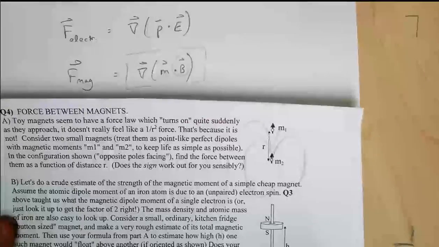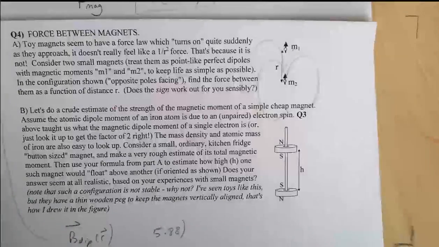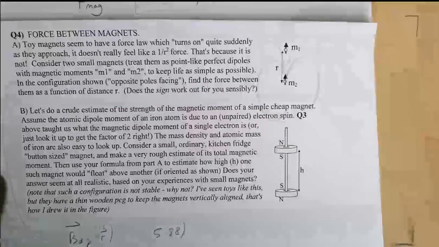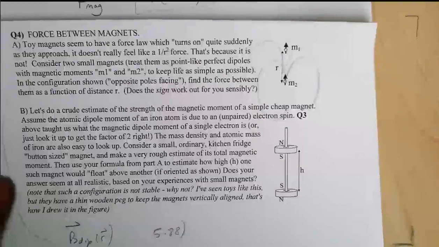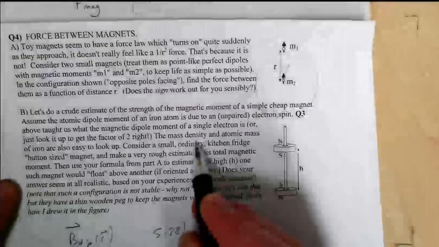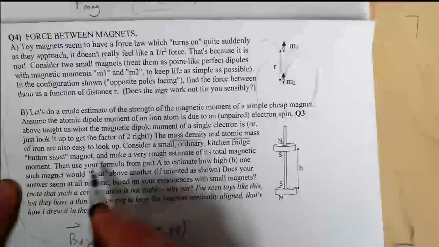And the next thing that you'll do that's pretty cool is to try applying this to a magnet, like a toy magnet, where you're going to have to look up the mass density and the atomic mass of iron, right?